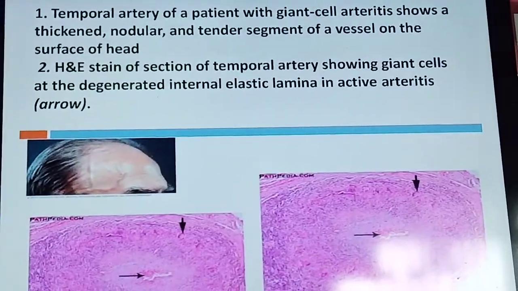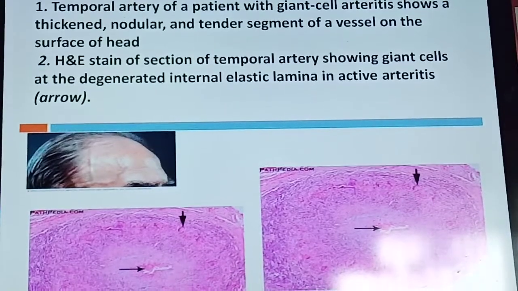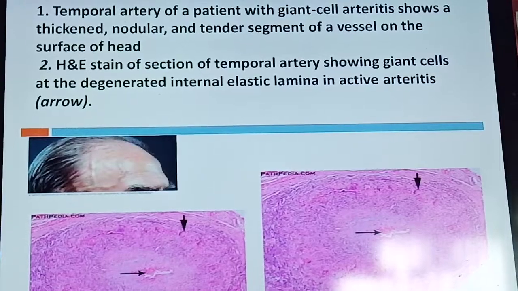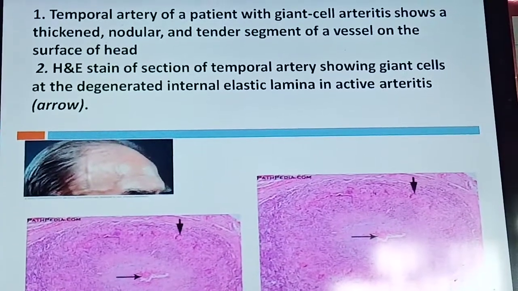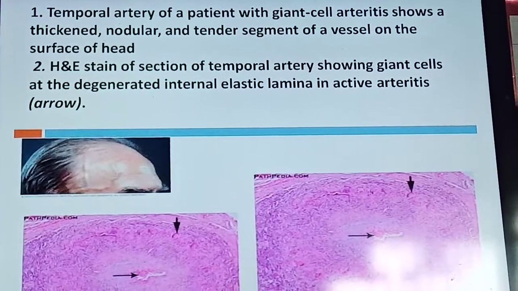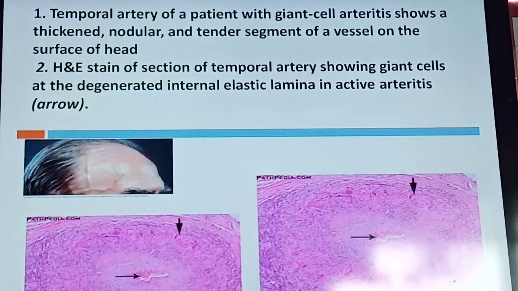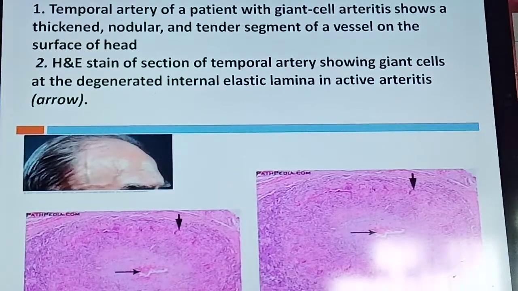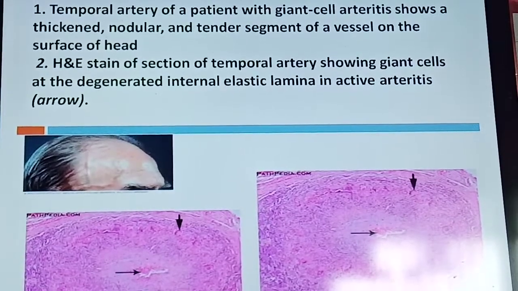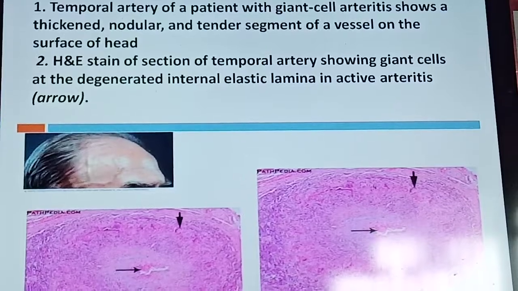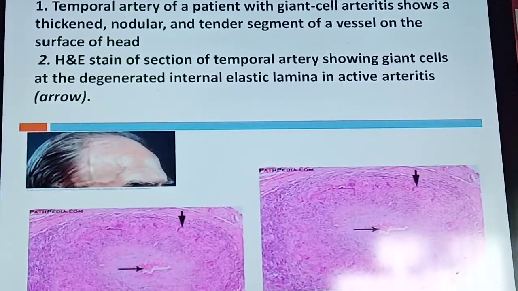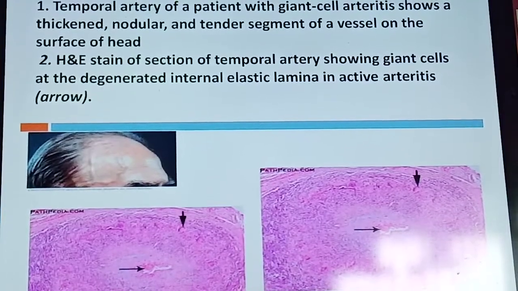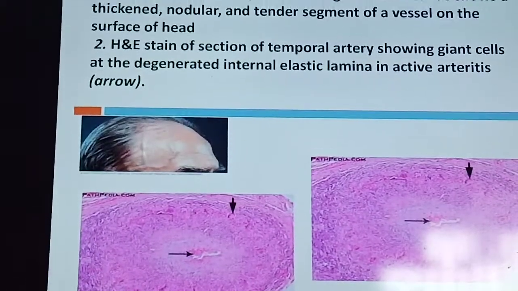Here we see these in the diagram. In the first, there is a temporal artery of a patient with giant cell arteritis, showing a thickened, nodular and tender segment of a vessel on the surface of the head. In the second picture, there is a hematoxylin and eosin stain of a section of the temporal artery showing giant cells at the degenerated internal elastic lamina in active arteritis. The arrow shows the degenerated internal elastic lamina.